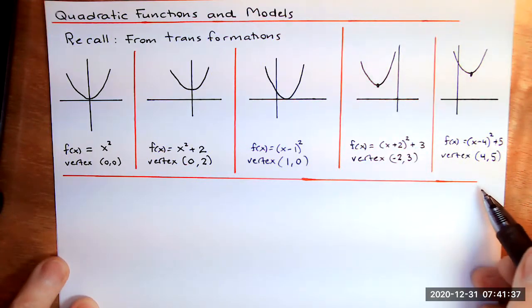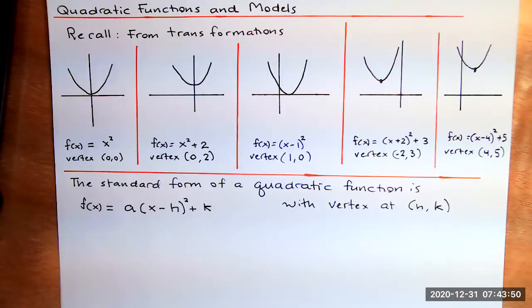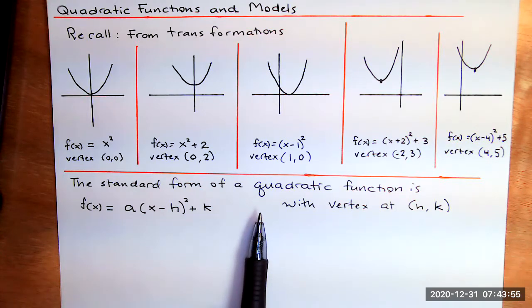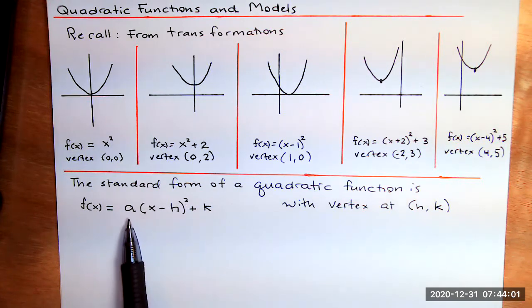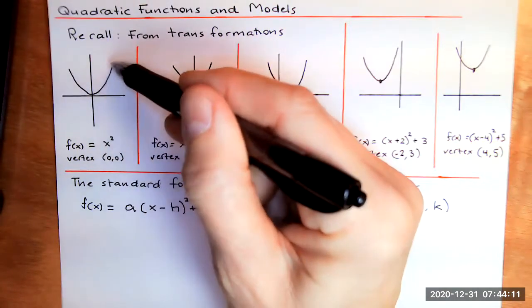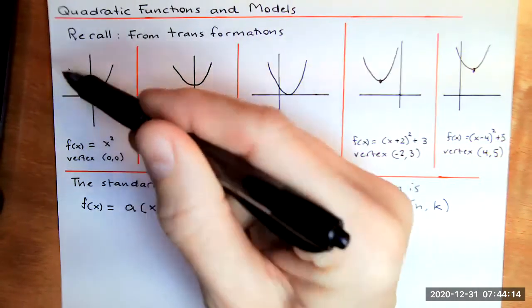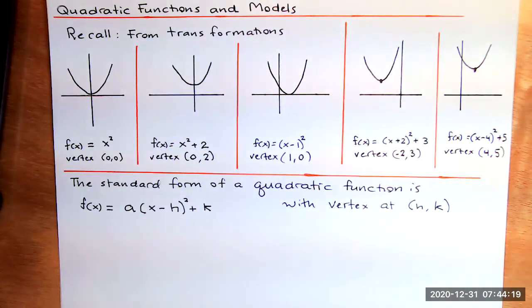And this brings us to the standard form of a parabola or quadratic function. So the standard form of a quadratic function is a times x minus h, the quantity squared, plus k. And you'll recall from the last section, if a is a positive number, your parabola is pointing up. And if it's a negative number, then your parabola will be reflected across the x-axis.